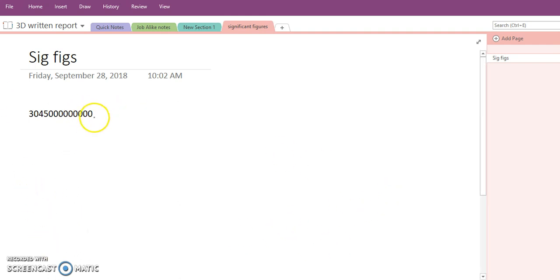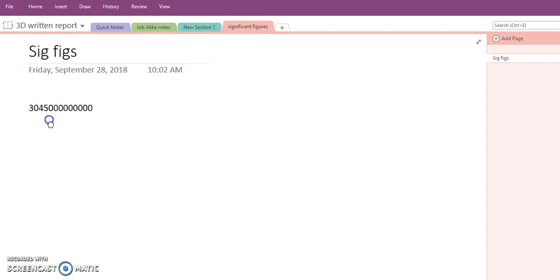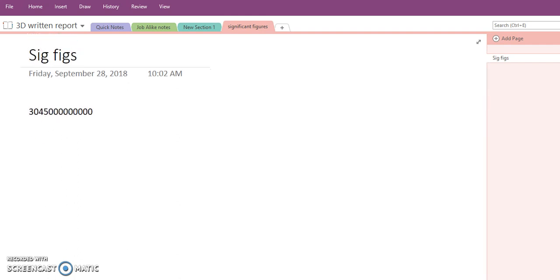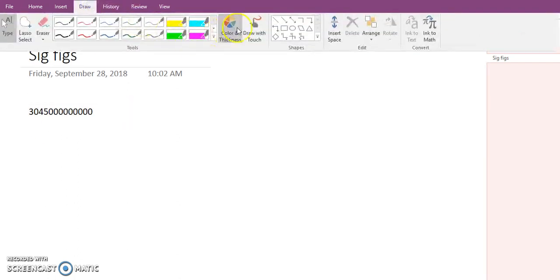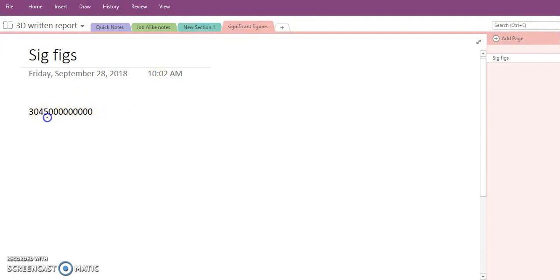Here's my number. I start all the way from the right where I have a zero, and I move along to the left until I find the first number that is not a zero. This number is 5 in this case, right here.